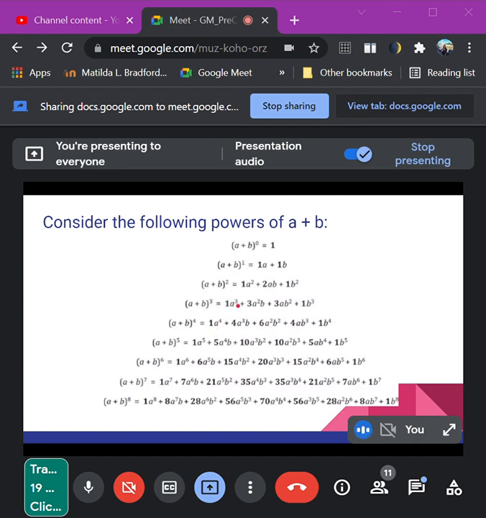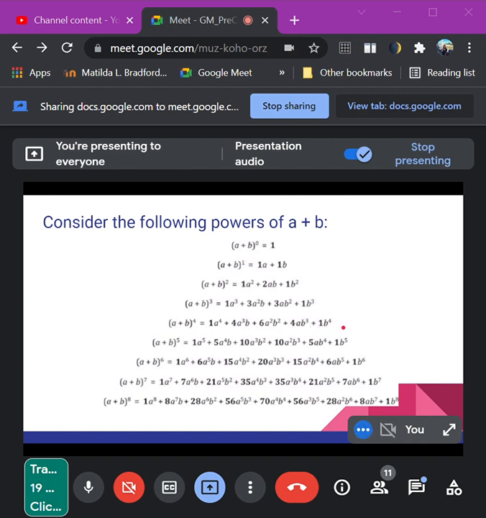So the expansion is A cubed plus 3A squared B plus 3AB squared plus 1B cubed. And then for raised to the power of 4, you have there A raised to the power of 4 plus 4A cubed B plus 6A squared B squared plus 4AB cubed plus B raised to the power of 4.